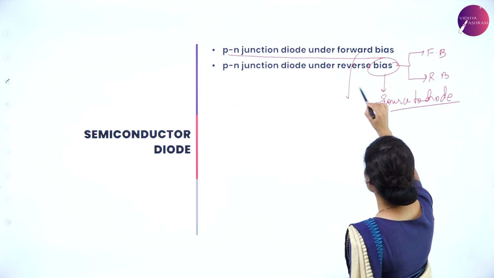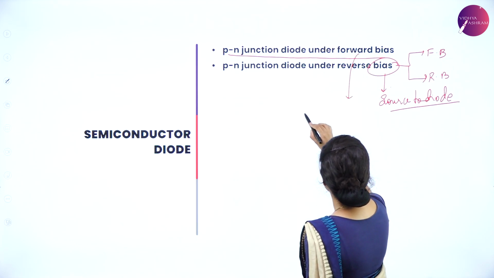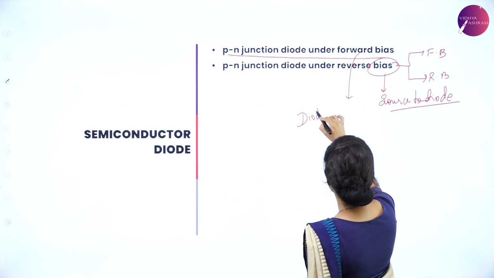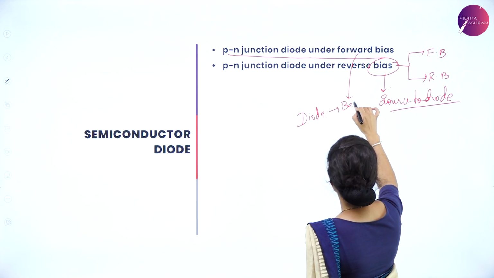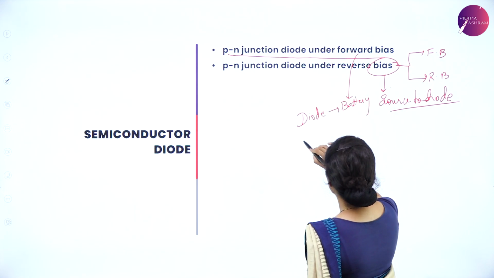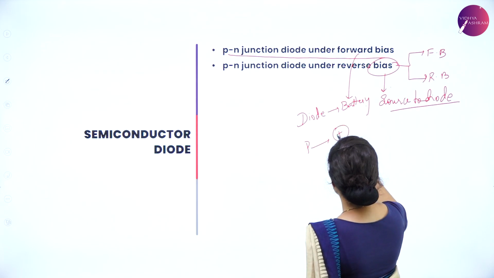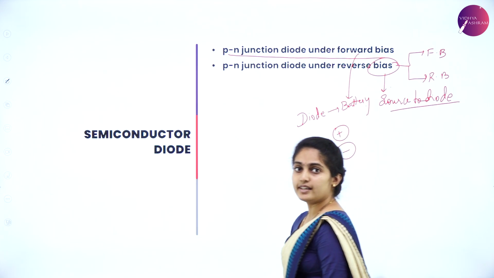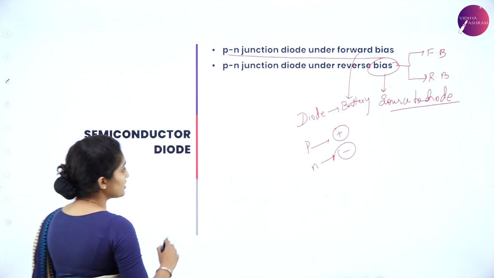First of all, going with forward bias, the diode is connected to a battery in what way? The p-type is connected to the positive of the battery and the n-type is connected to the negative of the battery. That is how a forward bias turns out to be.